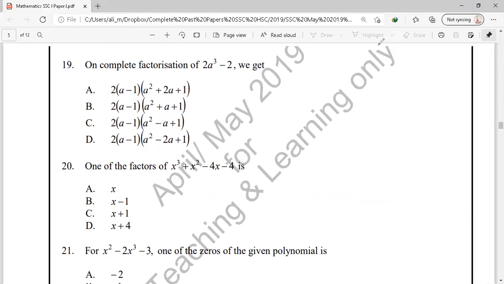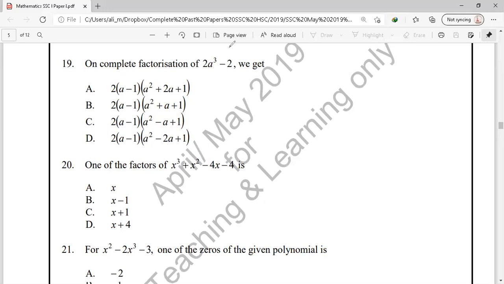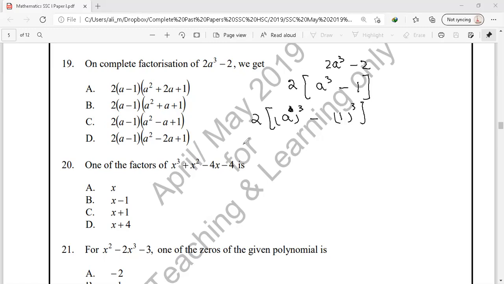Next, we have question number 19, and we have to again factorize this expression, 2a cube minus 2. As we can see, 2 is common. We can take it common and we will get a cube minus 1. By applying the difference of cubes, we can get the complete factorized form of this expression, a cube minus 1 cube. This will be equal to (a minus 1)(a square plus a plus 1).